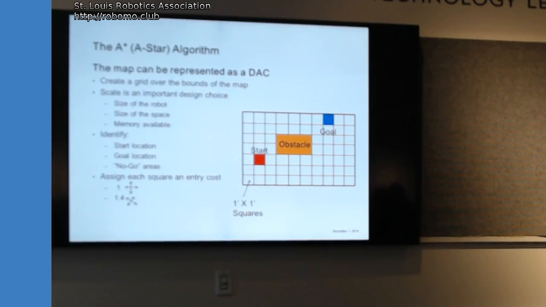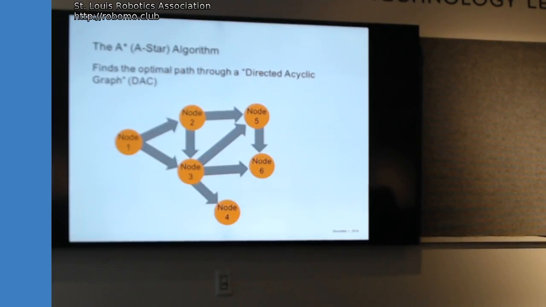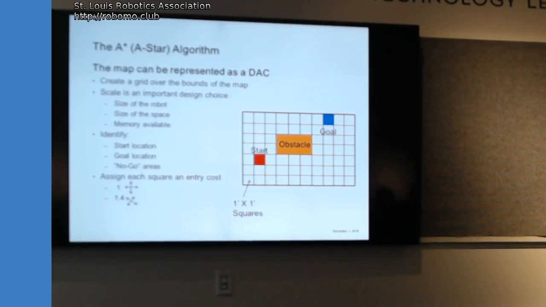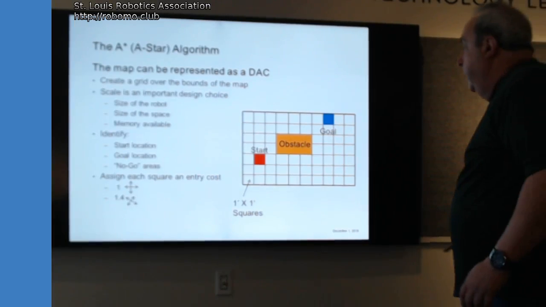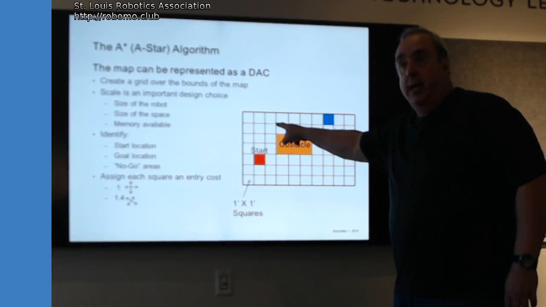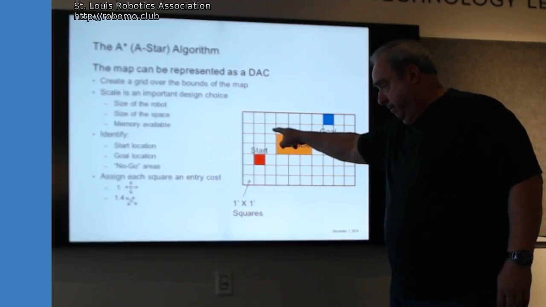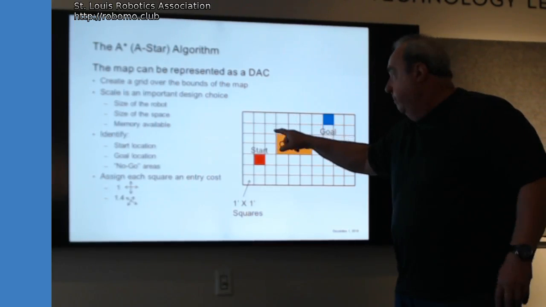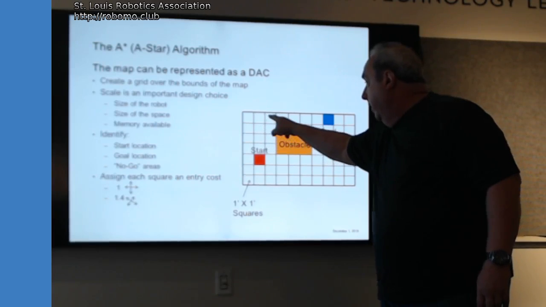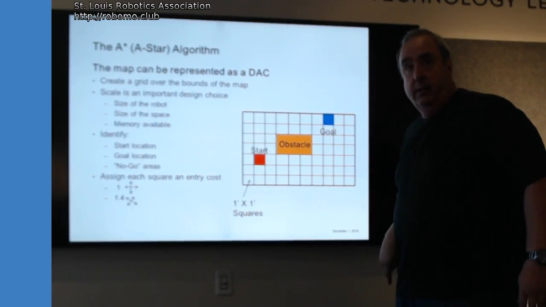Okay. The other thing we need to do is assign a cost for each square. Let's go back and talk about this map, right? So remember we had this acyclic graph thing. So what is that? In this world, each square is a node in that graph, and there is a connection, a line between that node and all of its neighbors, unless it's an obstacle, right?